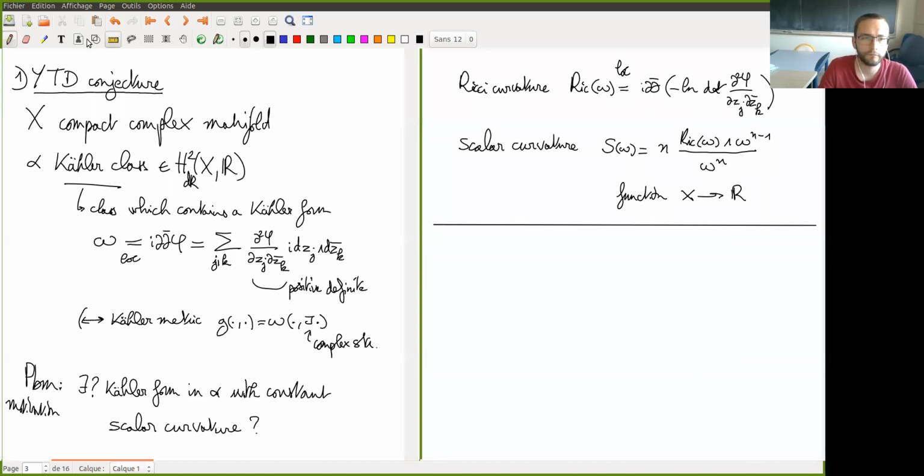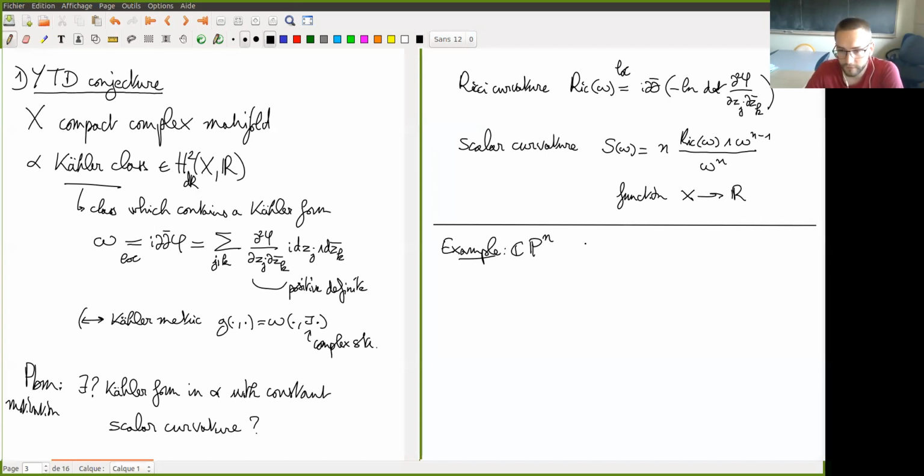Okay, so now back to examples of Kähler classes. How do you get Kähler classes? The basic example is the complex projective space, P^n.